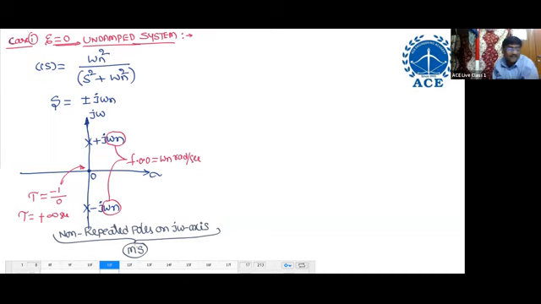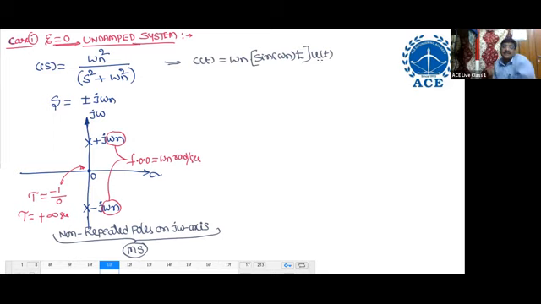Now find C of t and draw the response. What is C of t? Omega n into sine of omega n t, and u of t can be written by default.